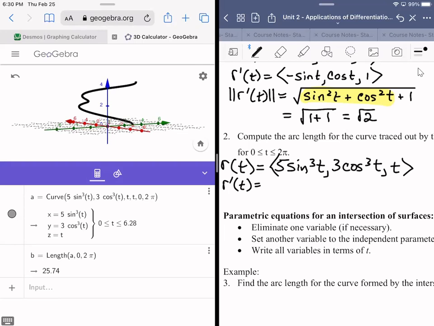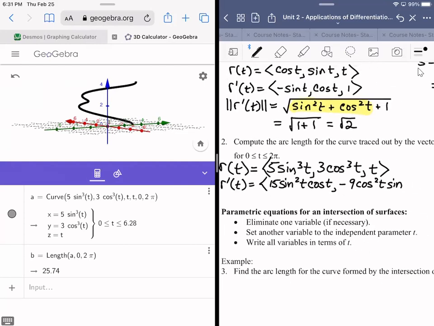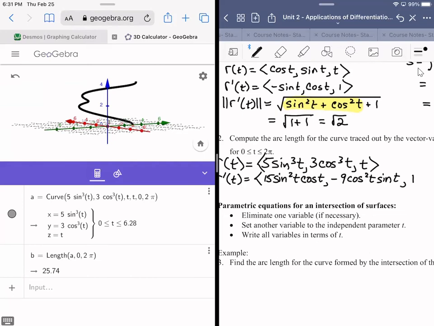So 15 sine squared t cosine t. Then 9 cosine squared t times negative sine of t. So it's really negative 9 cosine squared t sine t. And a nice looking 1 at the end there. Right. And so that's what we got to figure out the magnitude for.